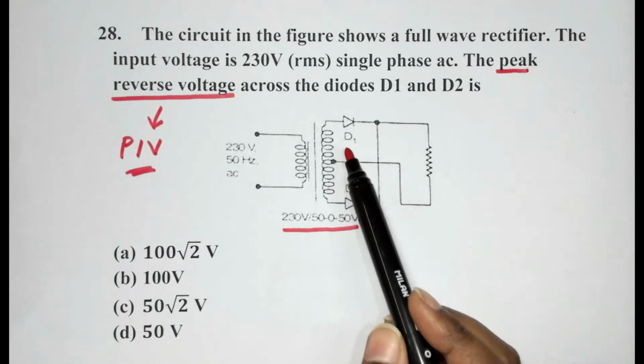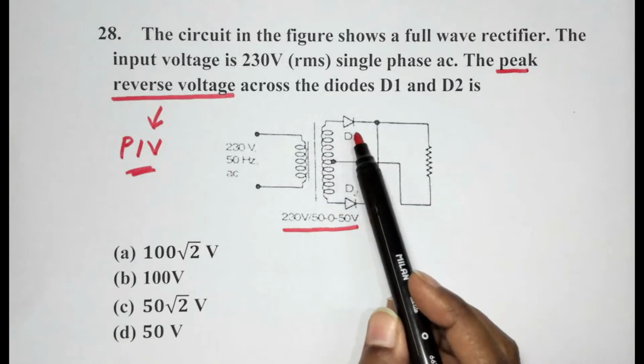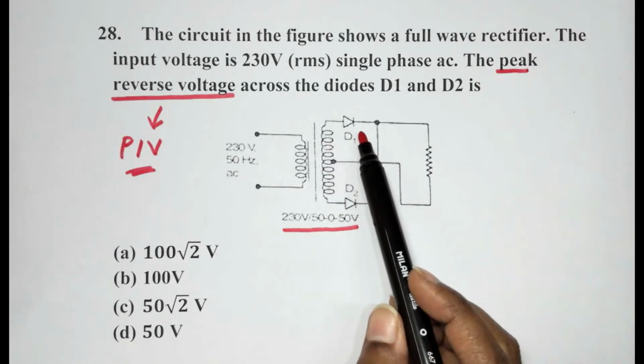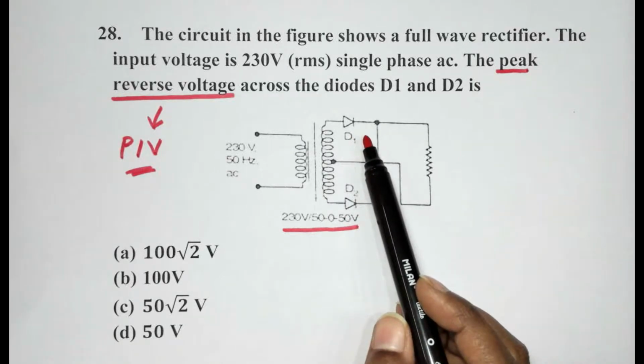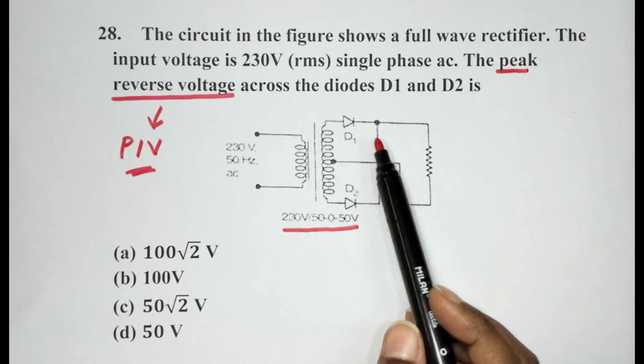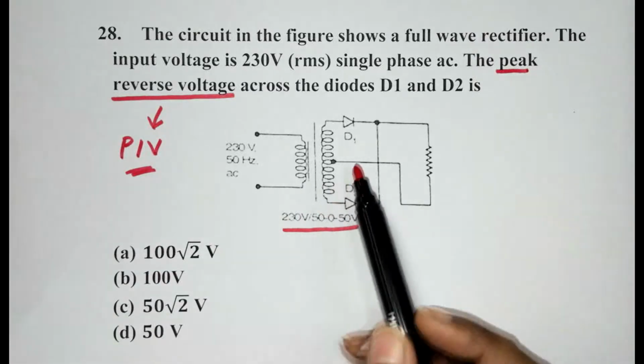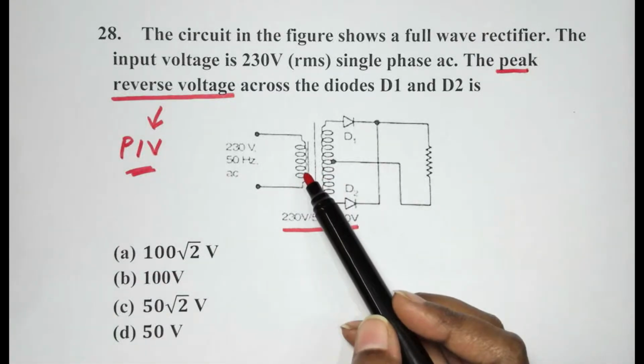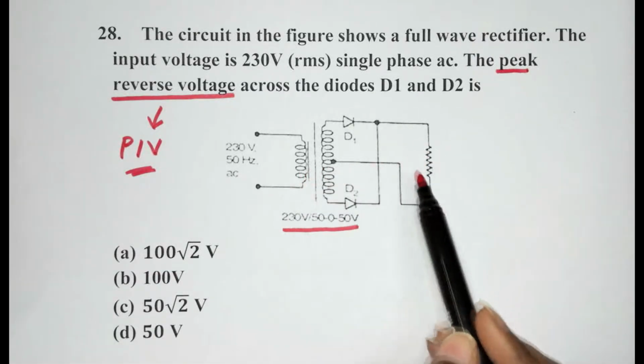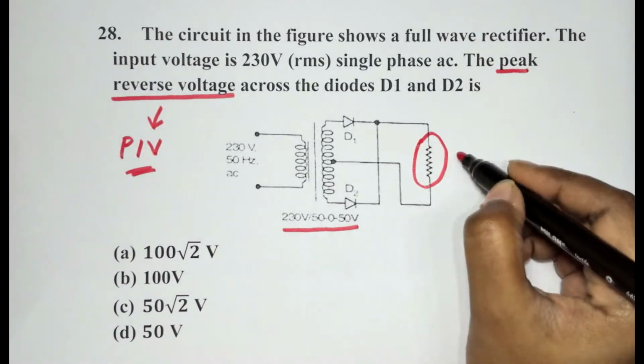So what happens is the diode D1 starts to conduct. It is in forward bias. So this provides almost zero resistance because it is in forward bias. The entire voltage of the upper half winding is developed across this load here. Let's call this RL.